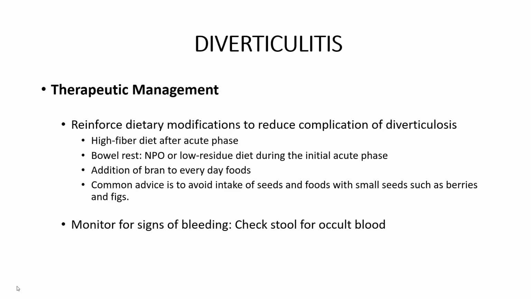If a patient is overweight, you want them to lose weight. But we talked about when it's in the acute phase, they may have some bleeding. So you're going to have to look for any signs of bleeding. If they give you a stool, check for occult blood.